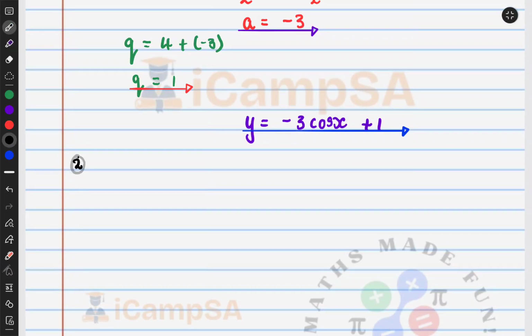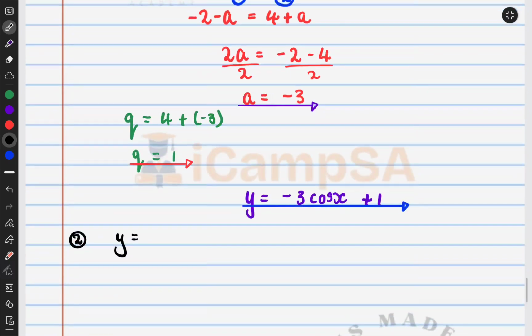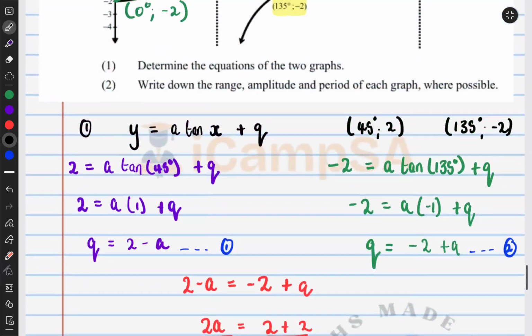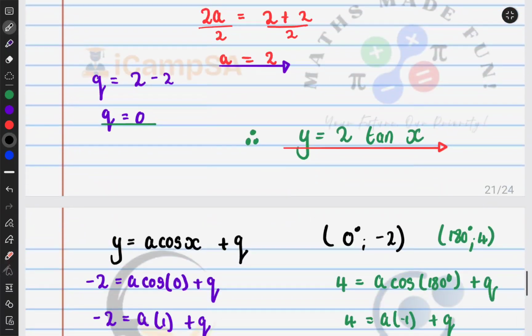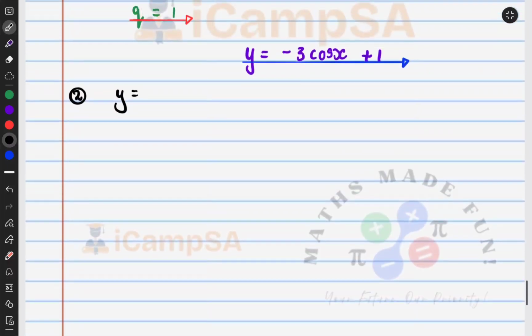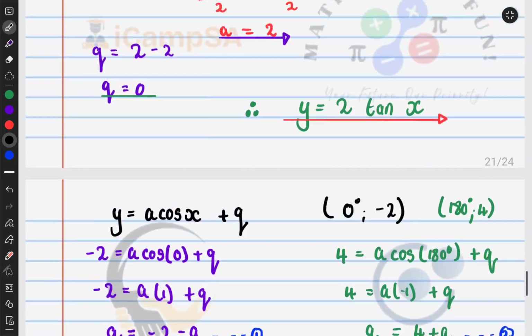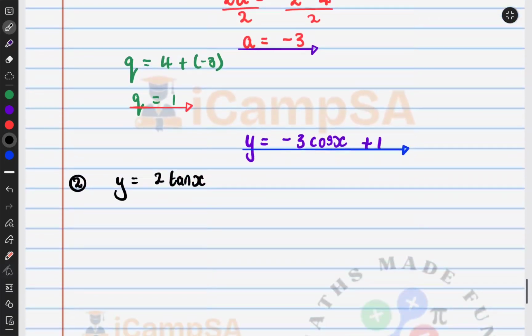For number 2, just so that you know which one we are talking about, the tangent, y is equal to 2 tan x.